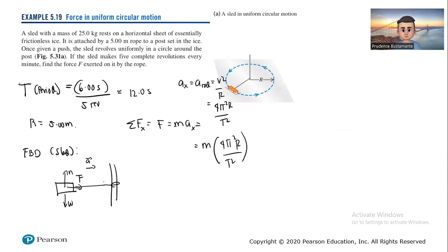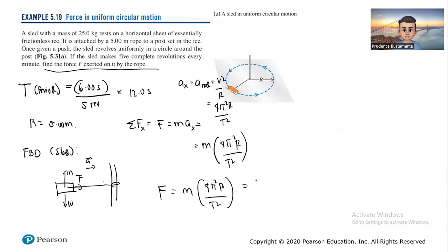So from this equation, we can find the force exerted on it by the rope. The force is equal to the mass times 4 times pi squared times R over T squared.